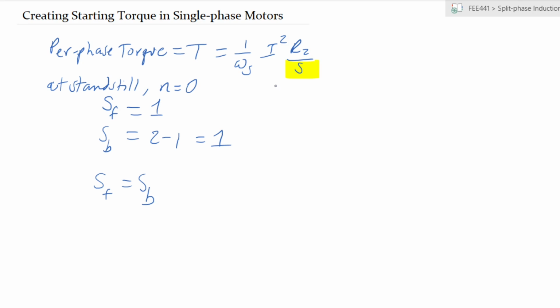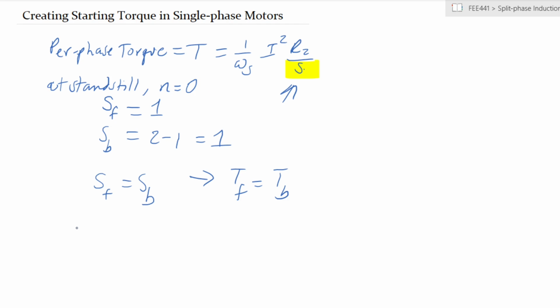Because of this, the value of torque due to forward and backward magnetic fields is equivalent, because the value of S is the same. So forward torque and backward torque are equal. That means that at standstill, we have no resultant torque that can push the motor into motion.